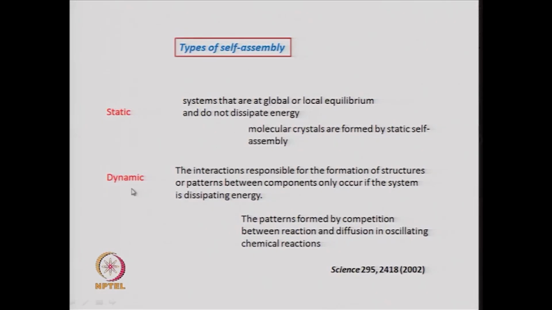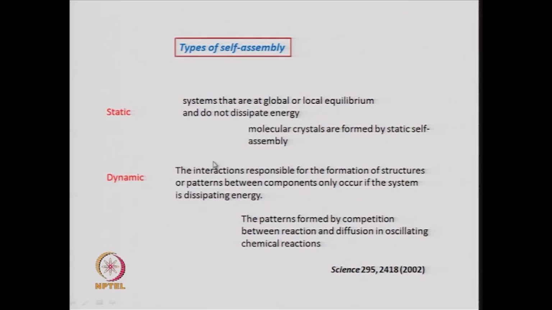The other is dynamic, where there are interactions only when you have energy dissipation. So, these are two basic differences. Normally, molecular crystals and most of the self assembled structures that we study are static self assembly. The dynamic self assembly is commonly seen in nature.